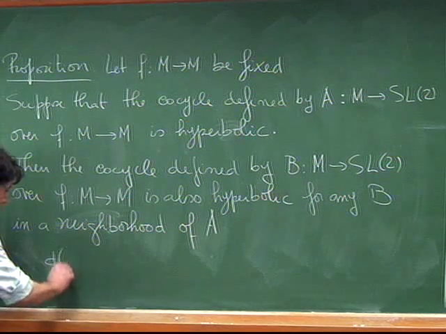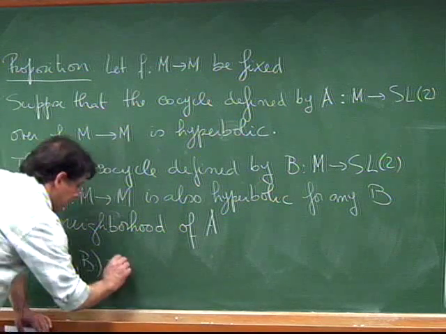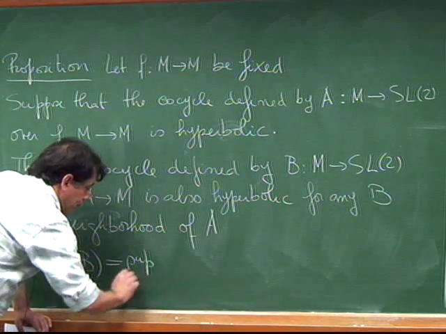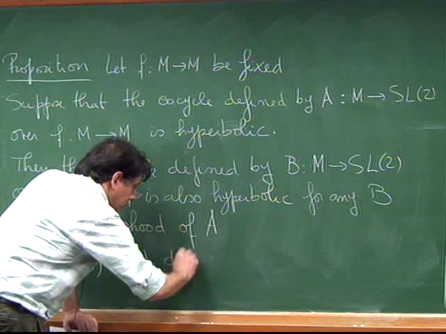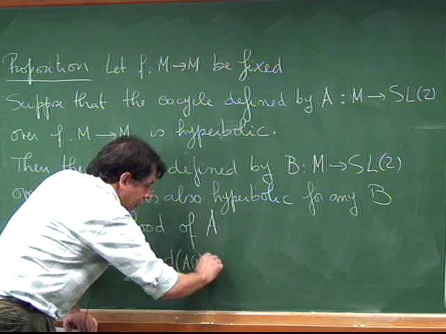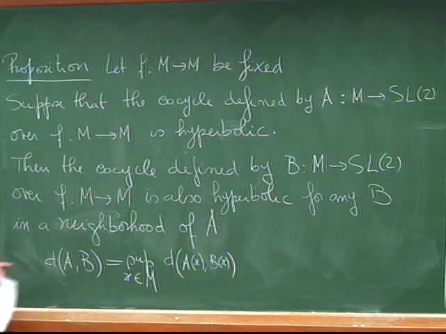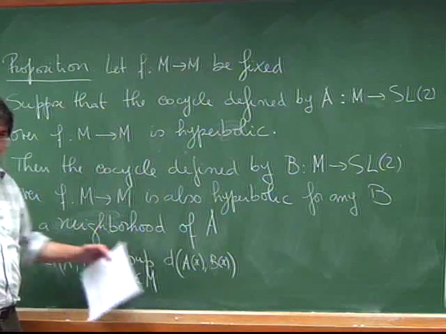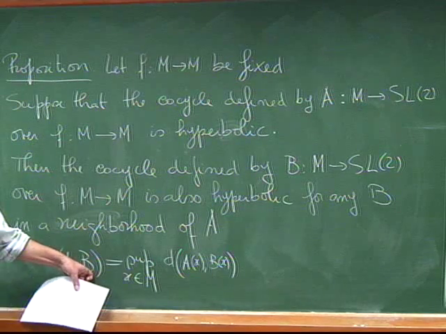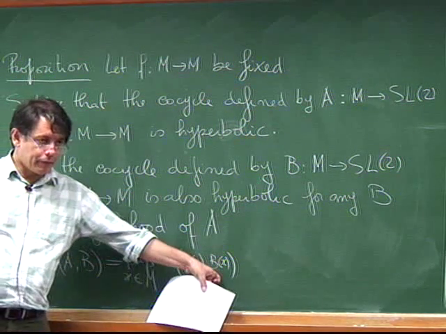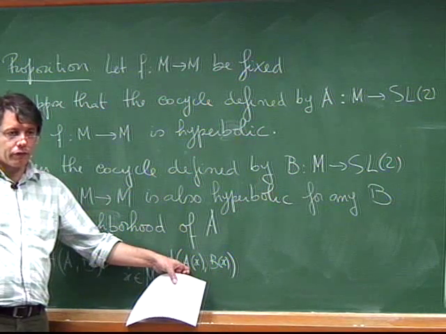The distance between A and B is the supremum over all x of the distance between A(x) and B(x). D is a different D. This is a distance in the space of functions, and this is a distance in the space of matrices. Of course, I didn't define the distance in the space of matrices either, so let me do that.